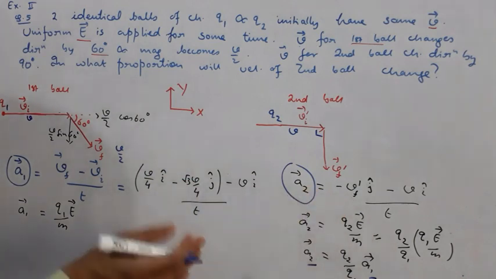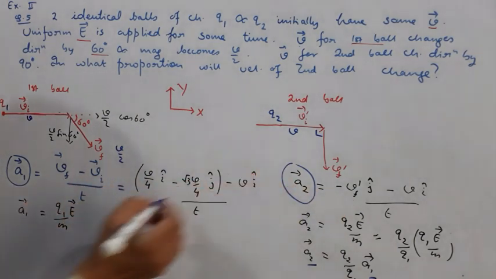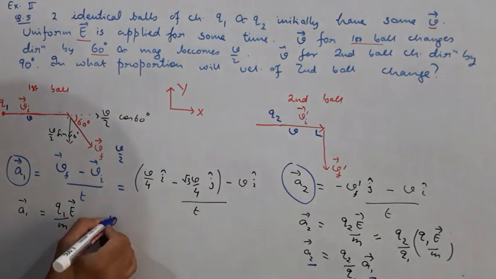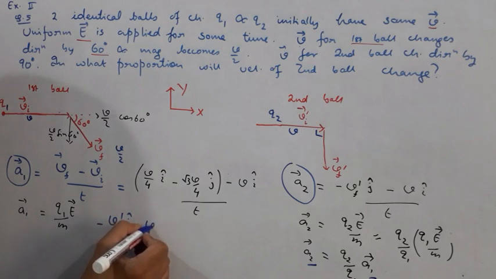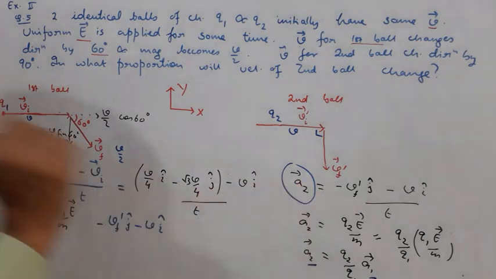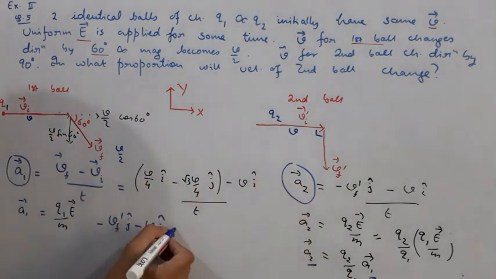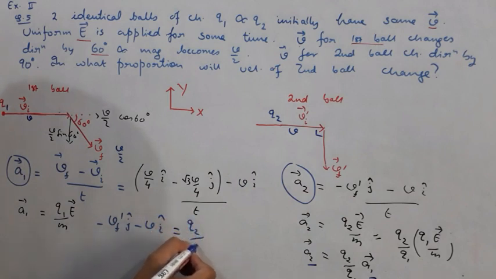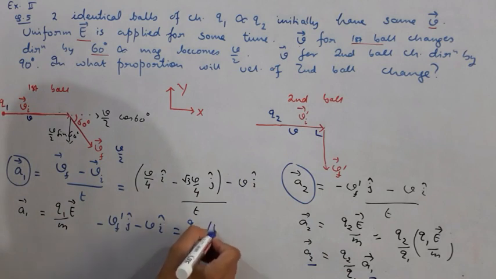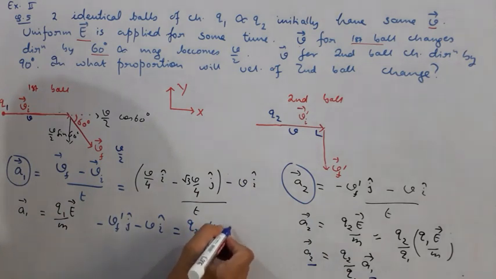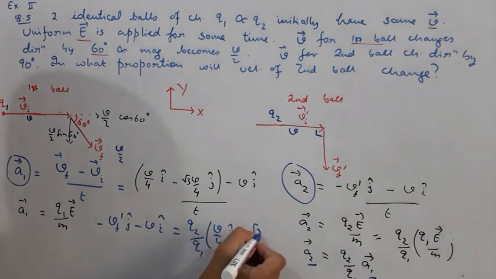You have to equate their x and y components. So for a2 how much will we write? Minus vf dash j cap minus v i cap. T will cancel, so I am not writing that, is equal to q2 upon q1 times a1 vector. A1 vector how much will we write? v by 4 i cap minus root 3 v by 4.